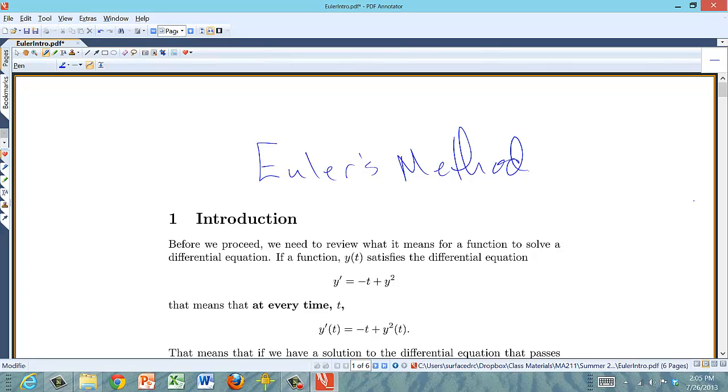Now what do I mean by approximating a solution? I'm not going to give you a formula that is somehow close to being a solution to the differential equation. That's not what I'm going to do. What I am going to do is estimate the value of the solution at a number of different times, and hopefully my estimate will be close to what the solution is.